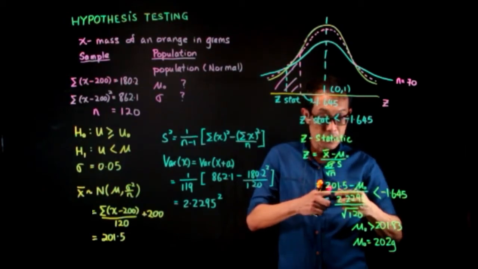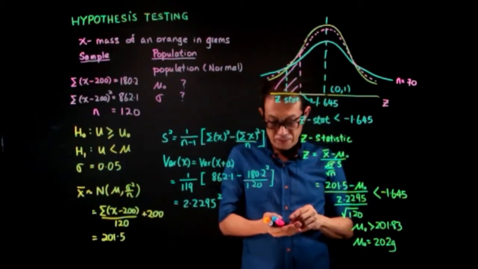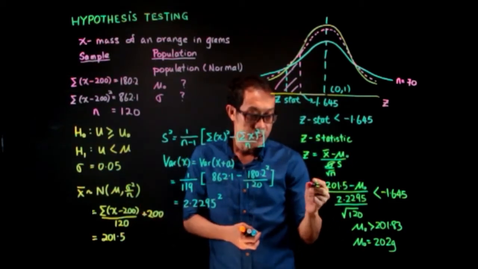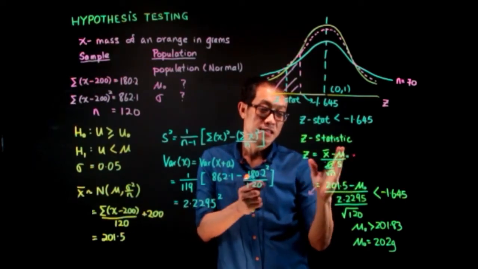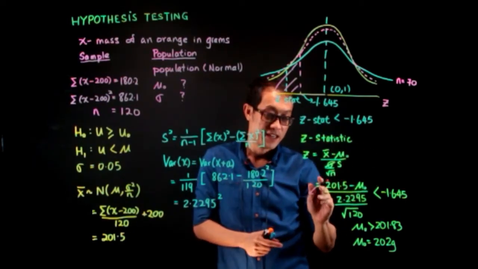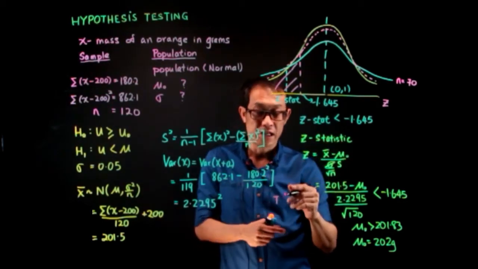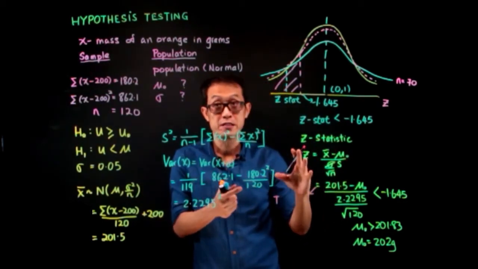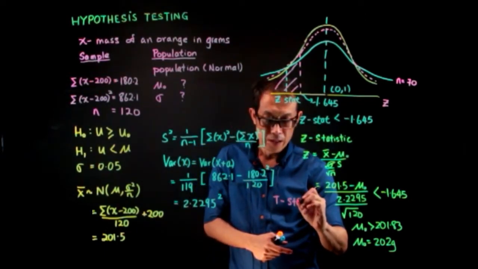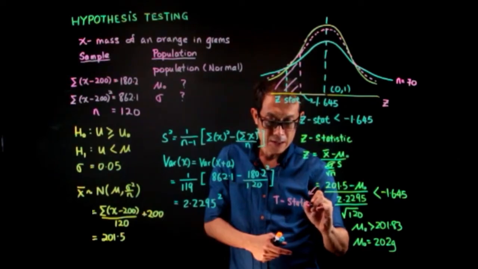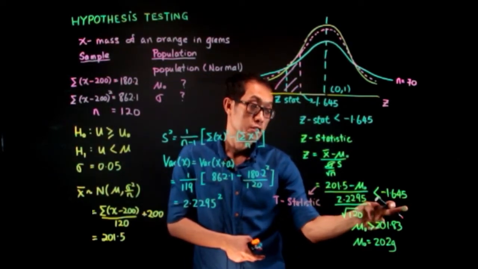Your t-statistics will still be the same, because the t-statistics is based on the normal distribution with some correction factor, and the correction factor is the degrees of freedom. So this is also equal to your t-statistics. But this critical value will change.